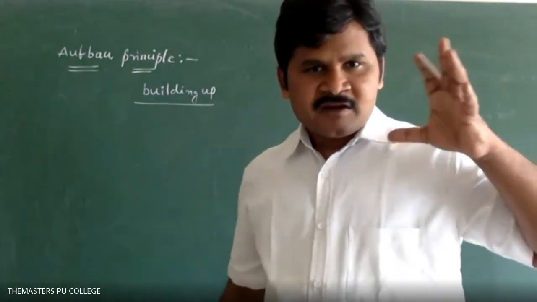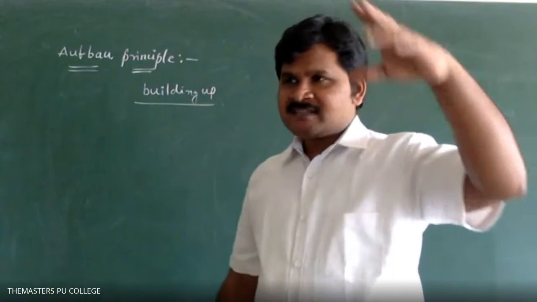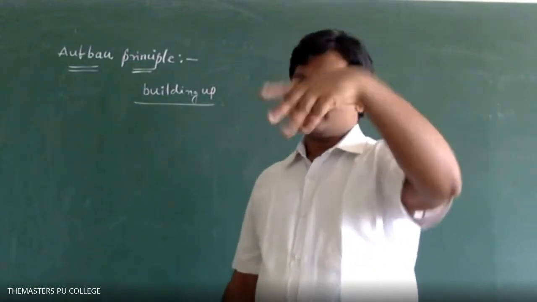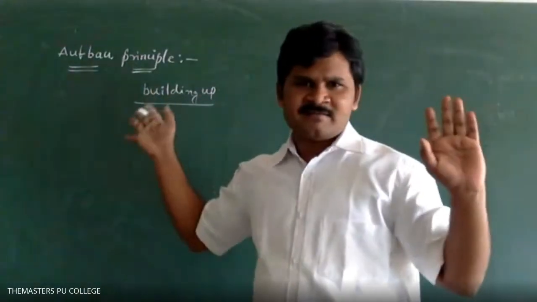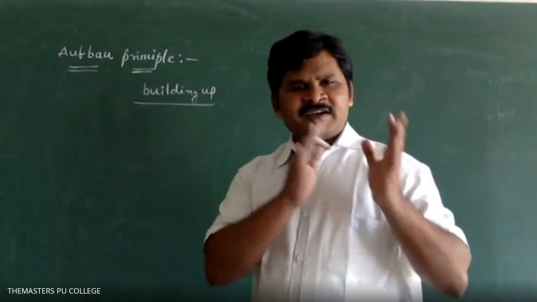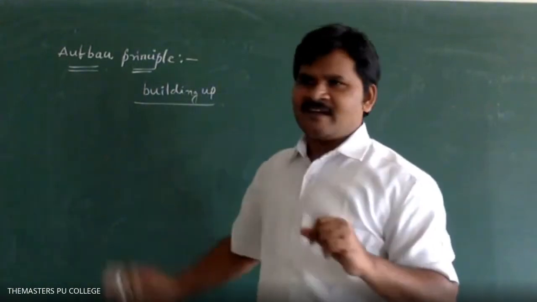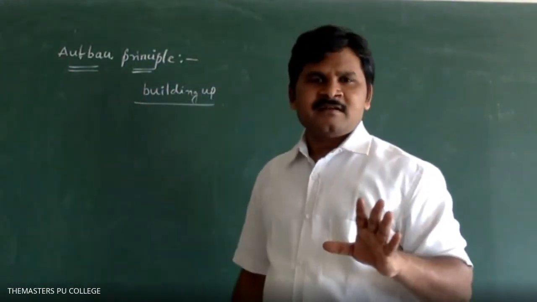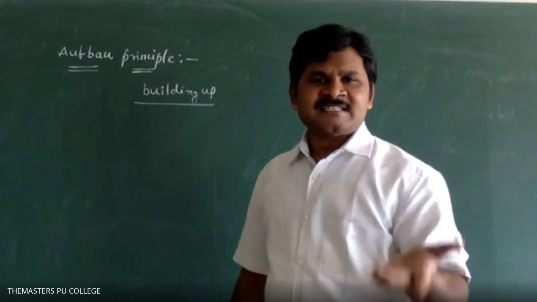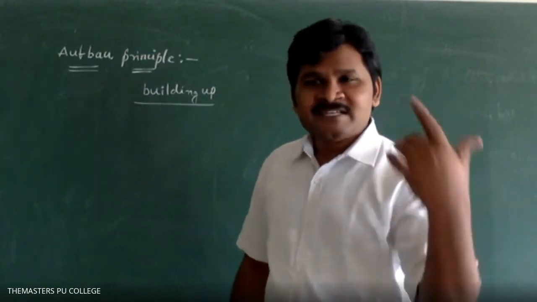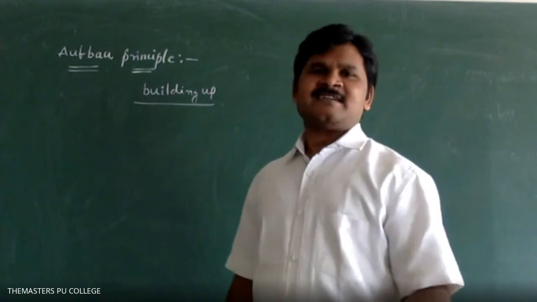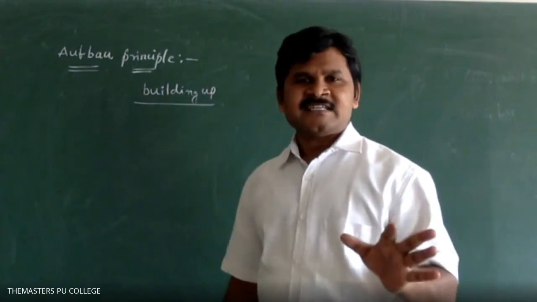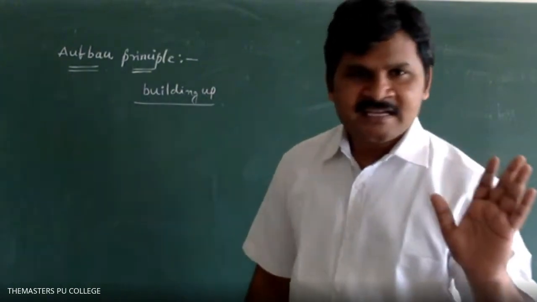So we compare different orbitals like 3d, 4d, 5s, 6s, 7s, whatever it may be, using their different n plus l values.